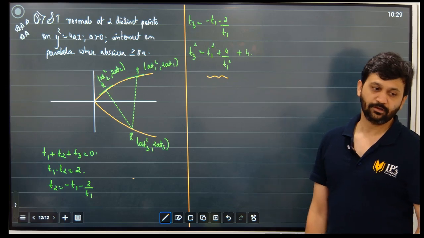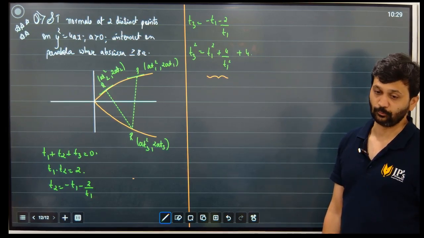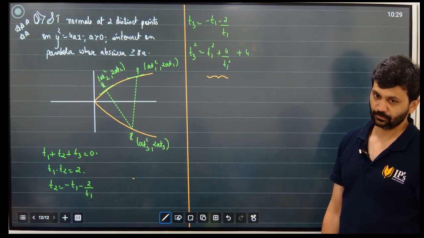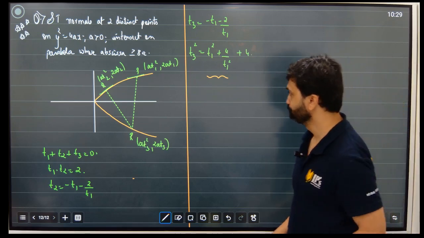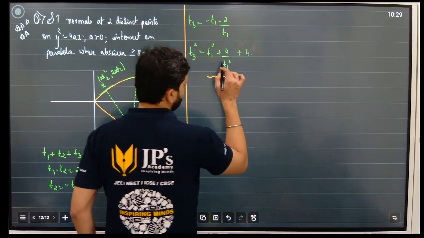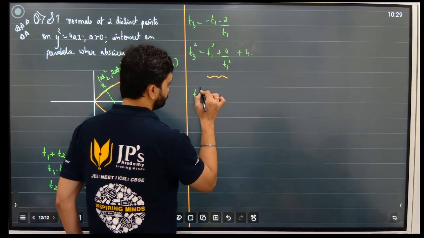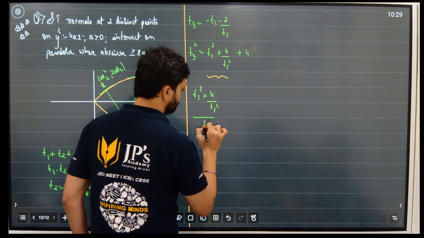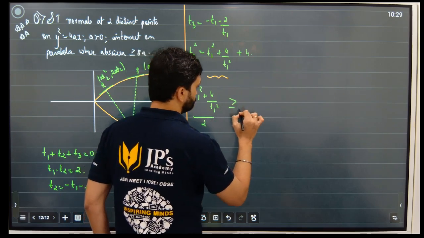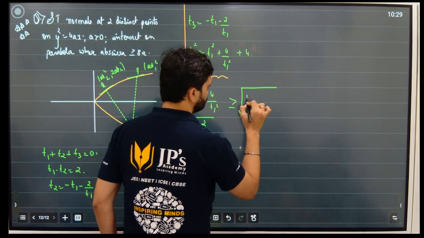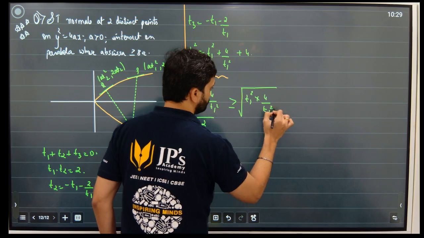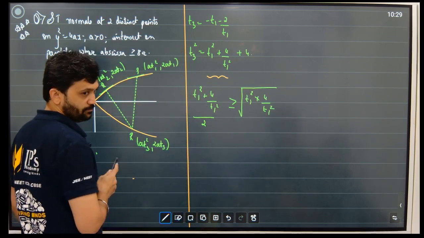What is t1 square plus 4 upon t1 square का वैल्यू? Now, can you even tell me what I have done here?